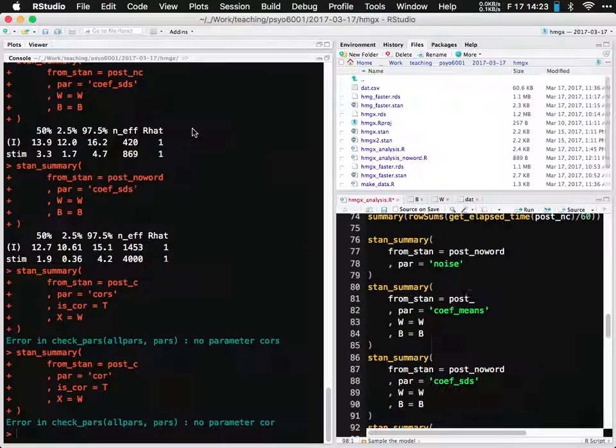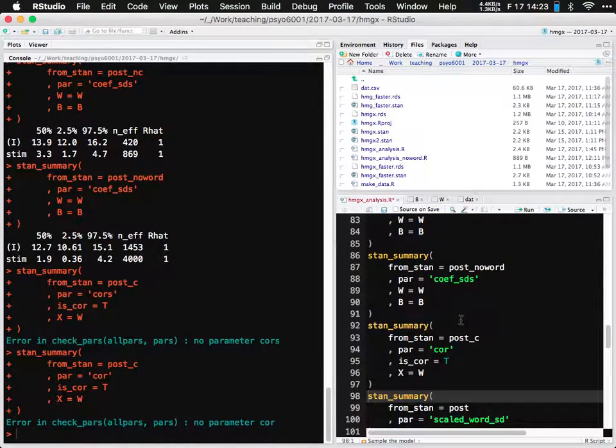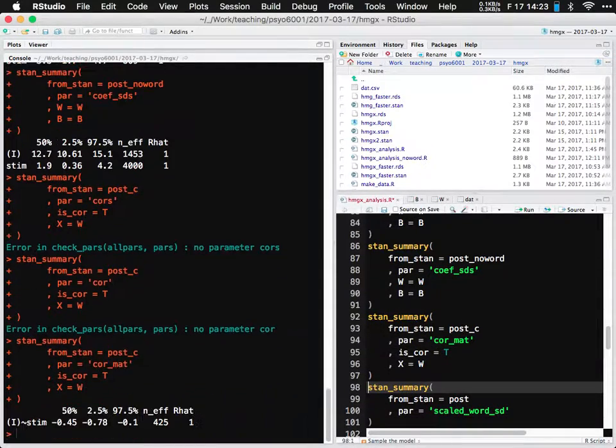Core map. So, the correlation matrix, which for just an intercept and a stimulus is just going to be a single correlation. It's estimating that it's somewhere in the negative realm.